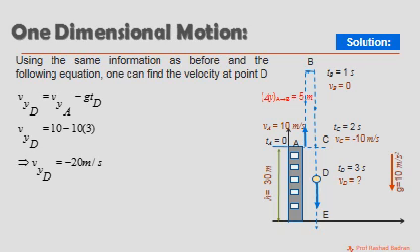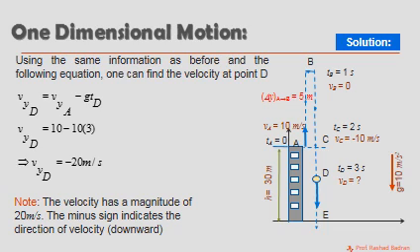By substituting the values of initial velocity and time, you're going to get the velocity at point D, or after 3 seconds of the flight, is minus 20 meters per second. The velocity has this magnitude. The minus sign means that it's going downward.